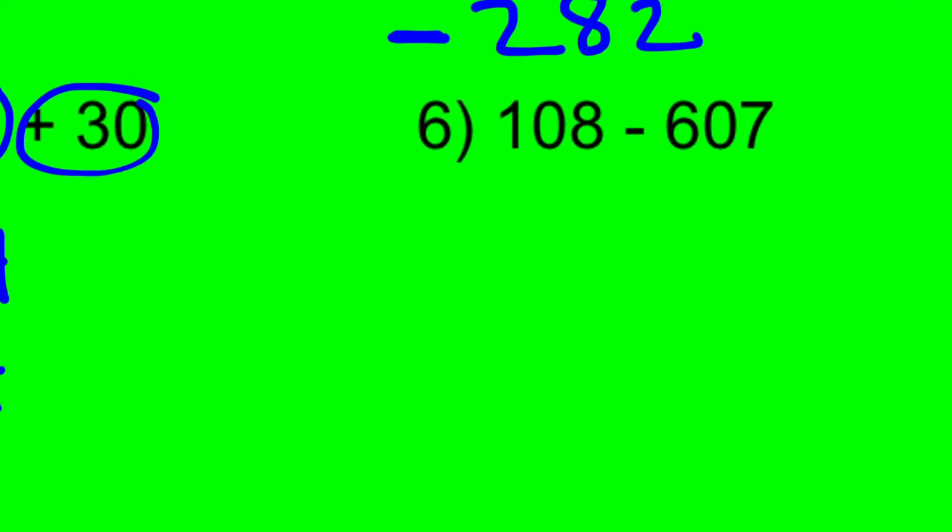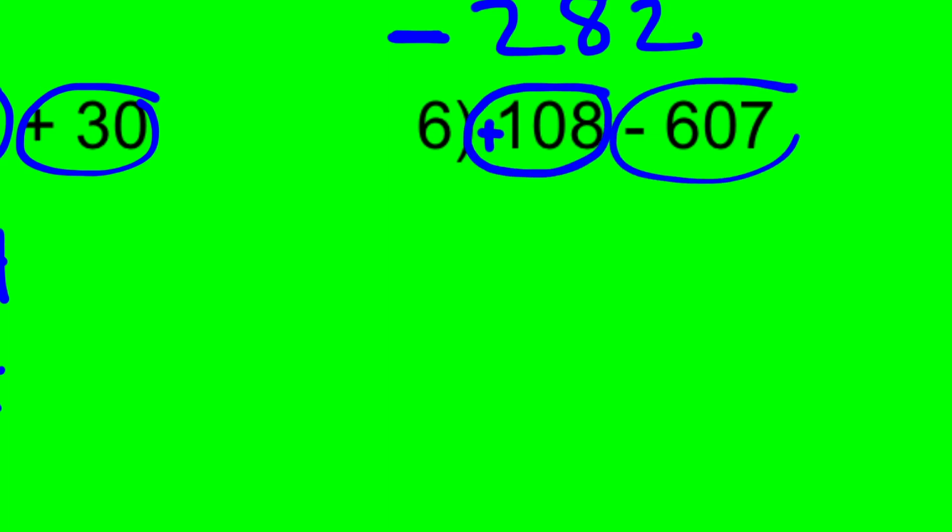And in number 6, larger numbers. No sign in front of the 108, so that's positive 108. And that's negative 607. The signs are different. So I'm going to have to subtract 607 take away 108.